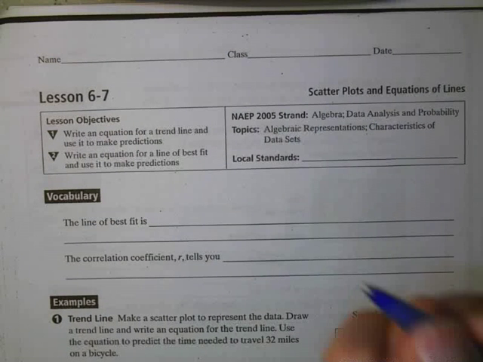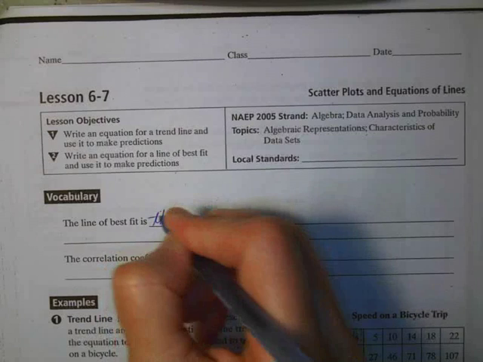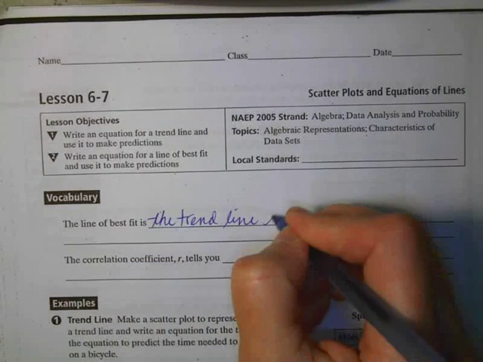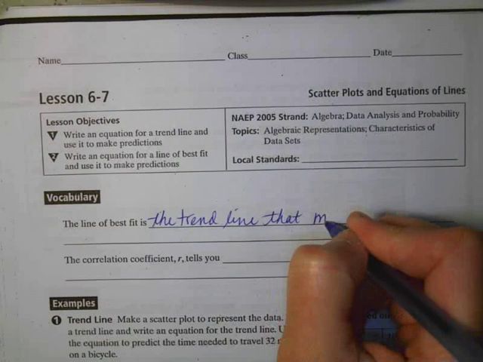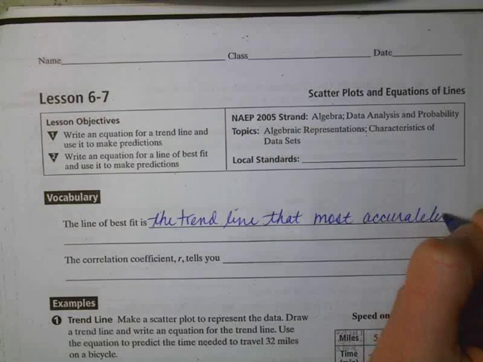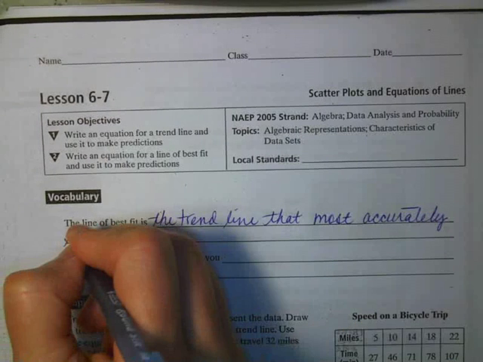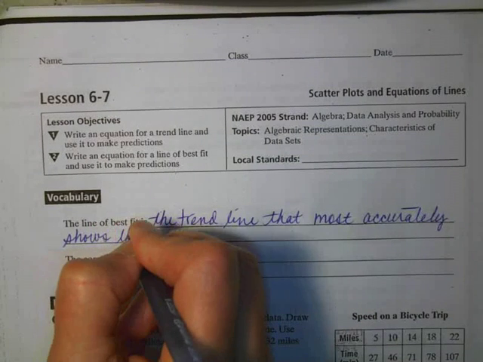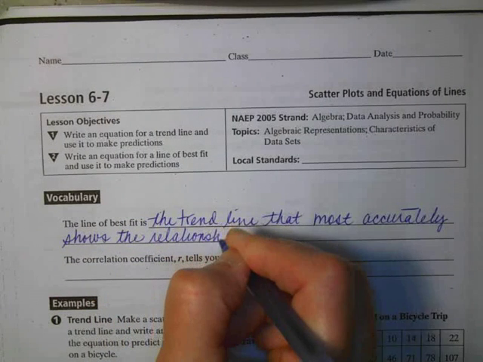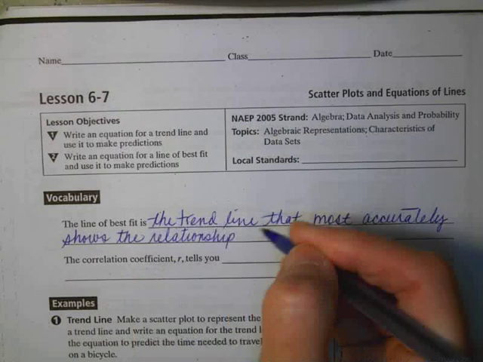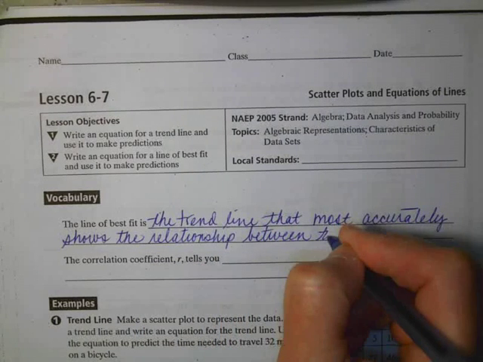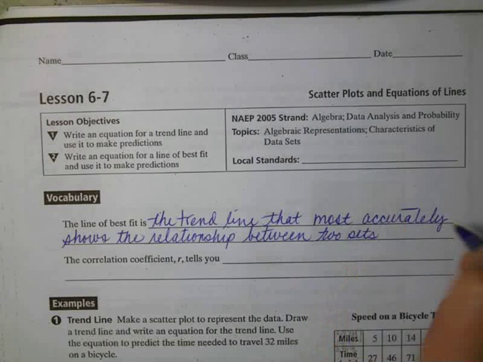A line of best fit is the trend line that most accurately shows the relationship between two sets of data.